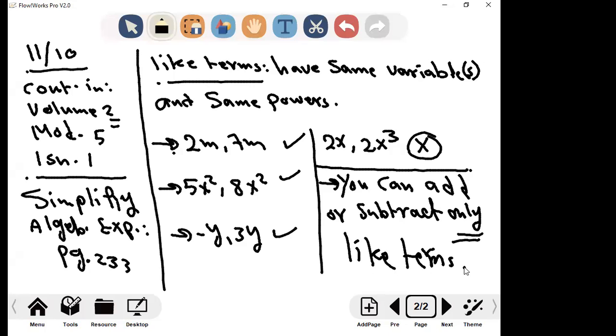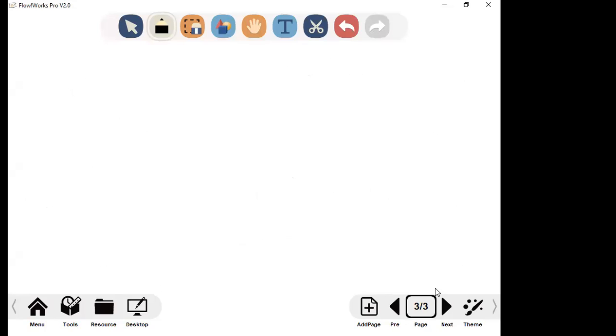So we are in example 1 now, page 234. Let's see the example together. The example says, read with me guys, please. Take out your book.